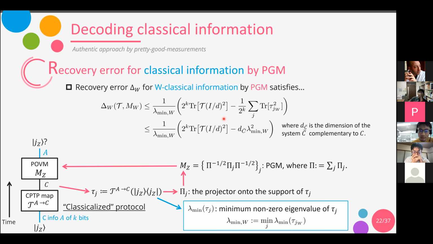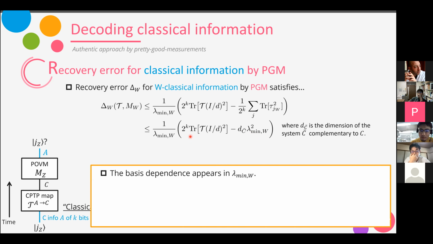But after some very easy calculus, we can bound this again in terms of lambda min and this purity. And DC is essentially the dimension of this output system. Well, it's slightly different, but it's essentially the same. So now we have an upper bound in terms of one purity and this lambda min of W.